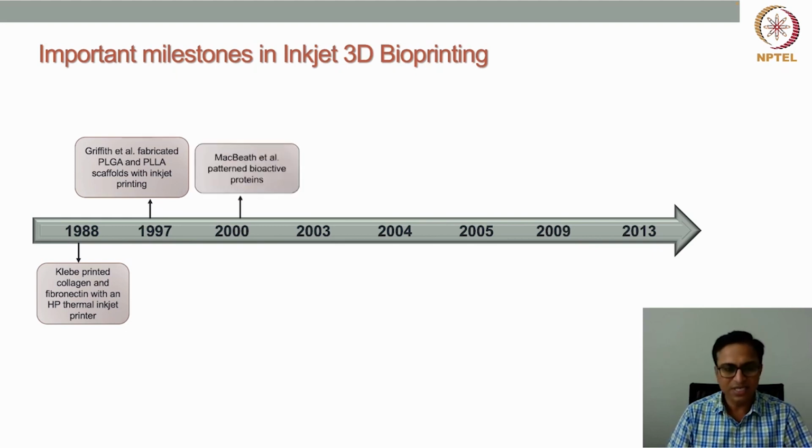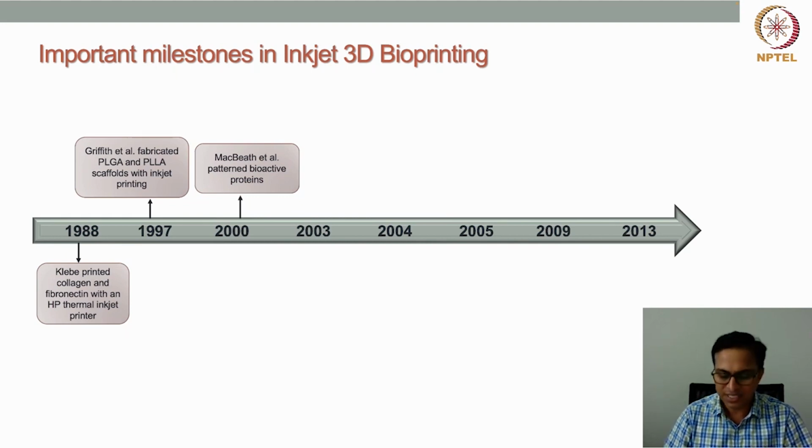Then, in 2000, Macbeth et al. used inkjet printing technology for patterning bioactive proteins, and they found that the proteins can be very well patterned on a 2D structure using this inkjet printing technology.